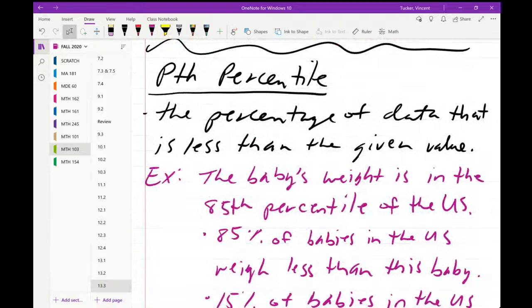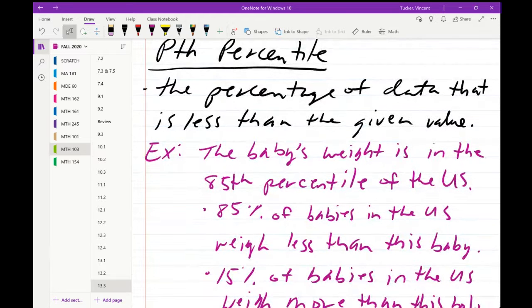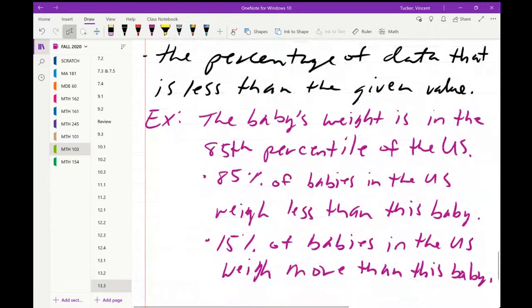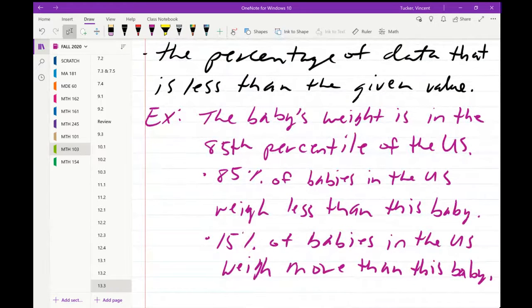All right, so the pth percentile is the percentage of data that is less than the given value. So we had just a quick example. The baby's weight is in the 85th percentile of the U.S. When a baby is born, it's measured.